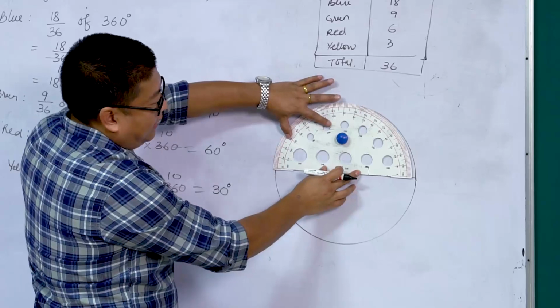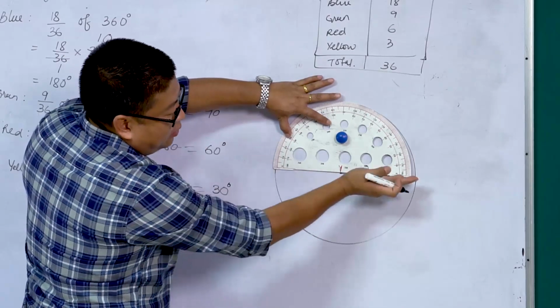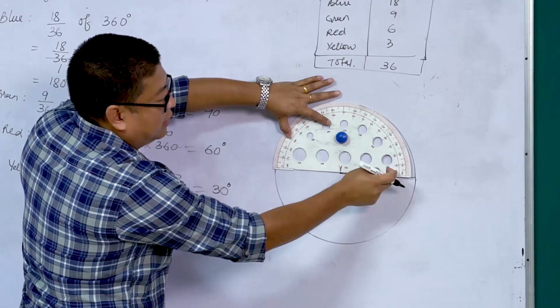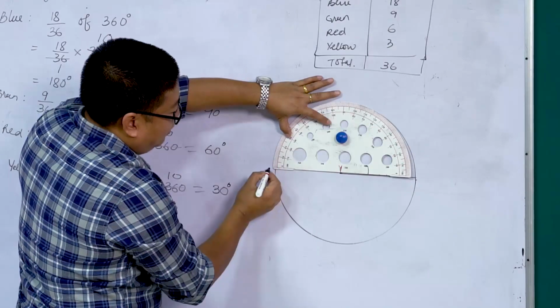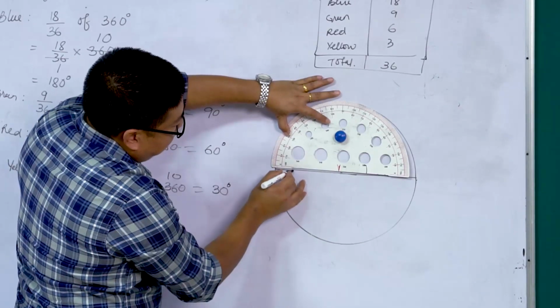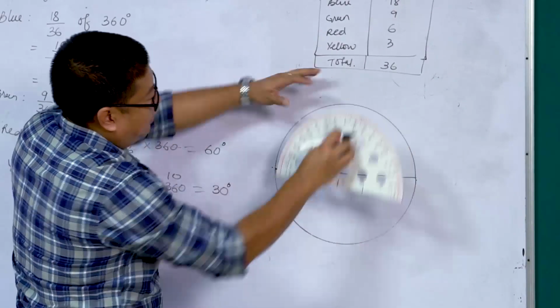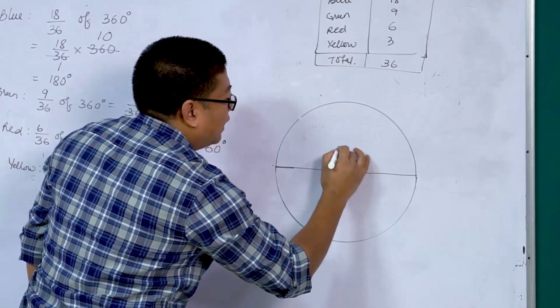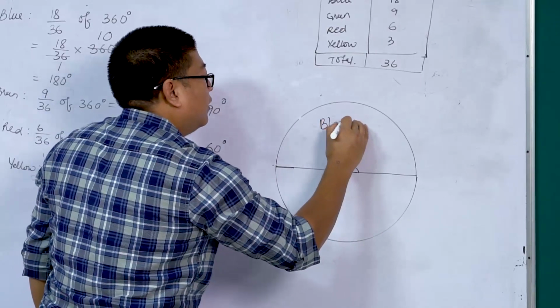Now, 180. Since the line is on this side, we're going to start counting from here. From 0 to 180, we mark it here. Now this 180 is nothing but a straight line. You will get a straight line. So this is your 180 degree and this is for blue.